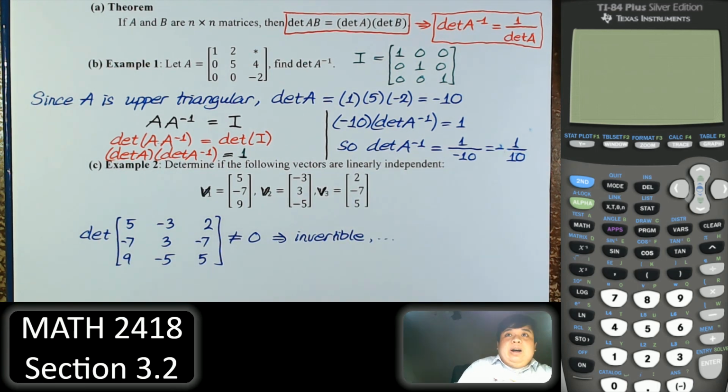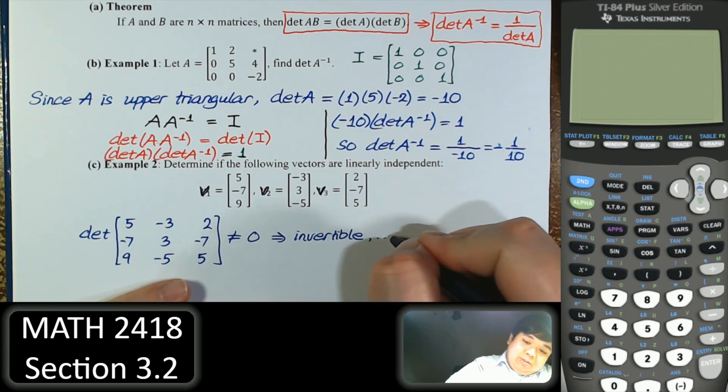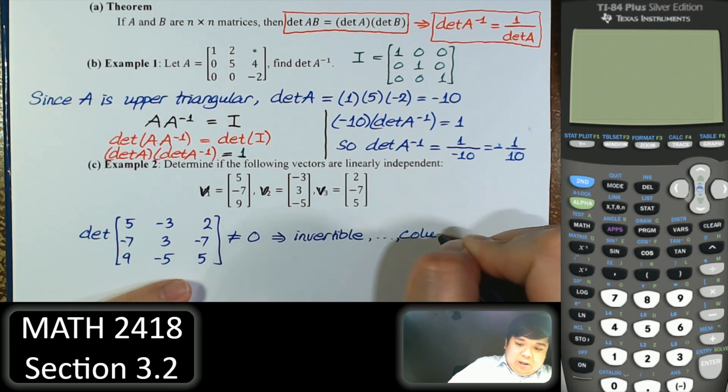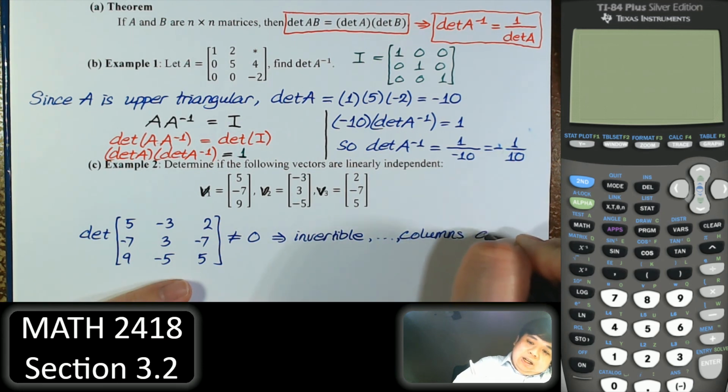And all the properties given by that theorem, we have like 12 things we can say about when determinant is not equal to 0. When it's invertible, there's a lot of things we can say about that, including the rows, or the vectors, or the columns are linearly independent.